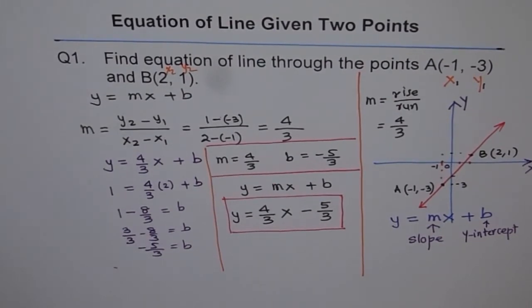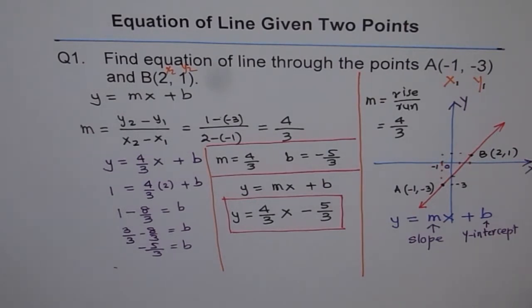There are a couple of examples to follow where we are going to repeat this so that you can appreciate how to find the equation of a line given two points. Now I will suggest you go through this video once again, try to get the steps, and for the next problem do it yourself and then watch the video.